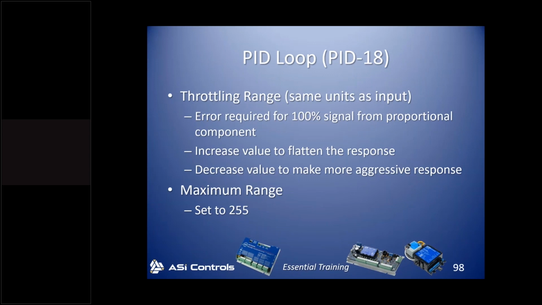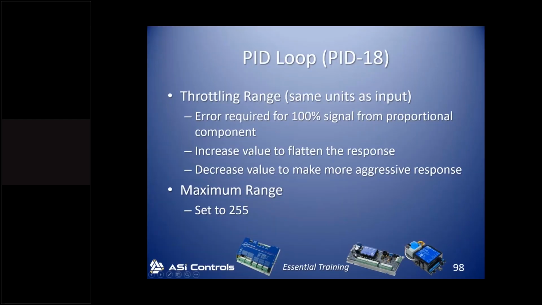It's a calculation that somebody thought of about 100 years ago, where the proportional part of the calculation is related to the current error, where the error is the difference between the input and the set point. The integral is related to the summation of the error over time, and the derivative is related to the difference between the current error and the previous error, meaning the error from the previous cycle.